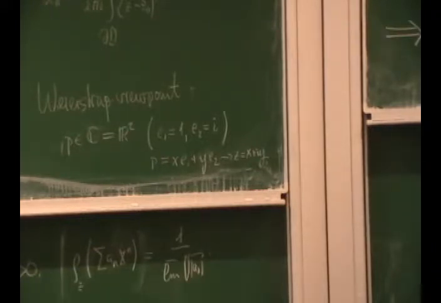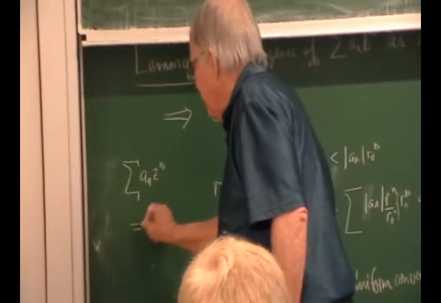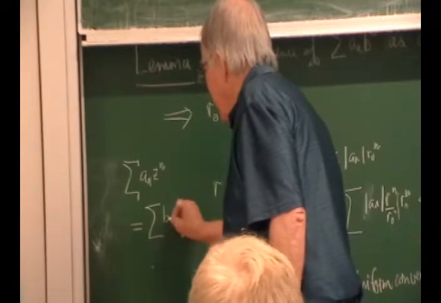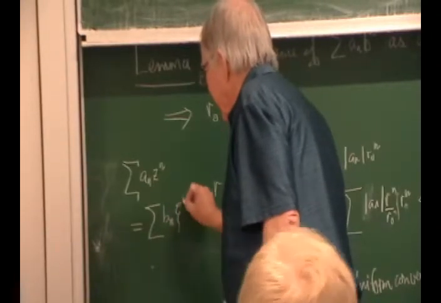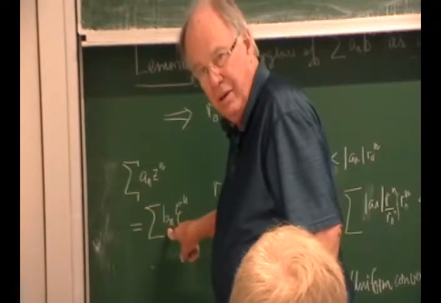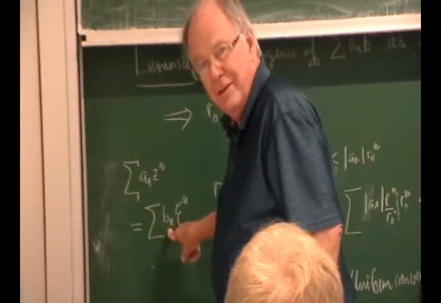Well, if I say here sum A_n Z to the n, and now as a function, this is going to be sum B_n zeta to the n, where zeta is the change of coordinate, where zeta is another coordinate, 2 times z.